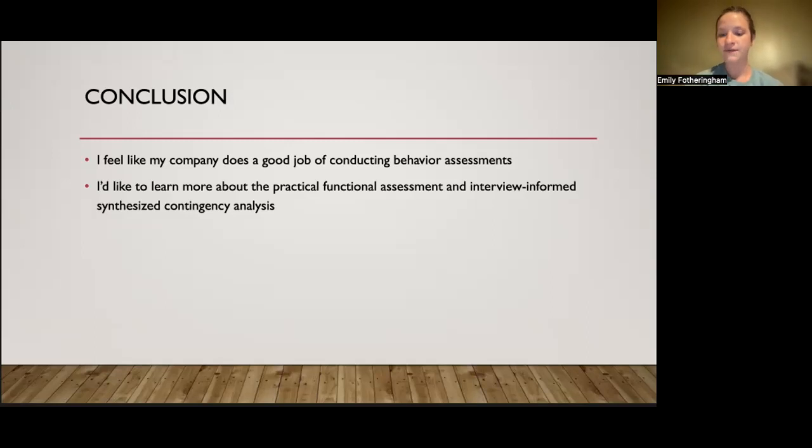However, I do think that each FA has its own place in its own time. In the future, I would like to learn more about the practical functional assessment and the interview-informed synthesized contingency analysis so that I can perform them to the best of my abilities and be able to disseminate the science of ABA.